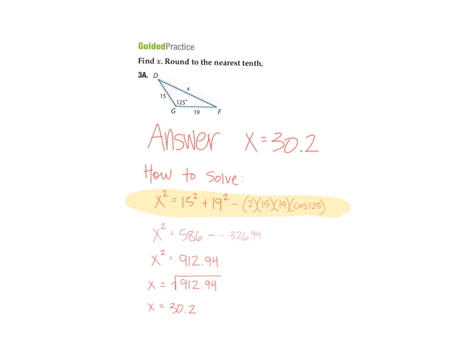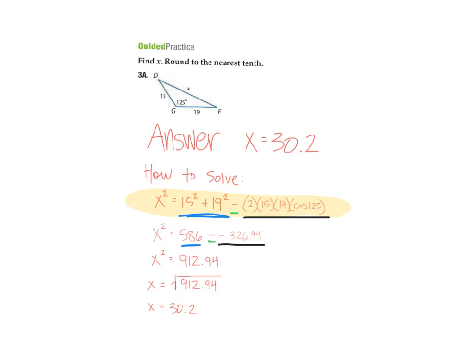The next step is to simplify. The 15 squared plus 19 squared, that is the same thing as 586. And then we have a minus sign. And then this next part here, the 2 times 15 times 19 times the cosine of 125, that's actually equal to a negative number. It equals negative 326.94.